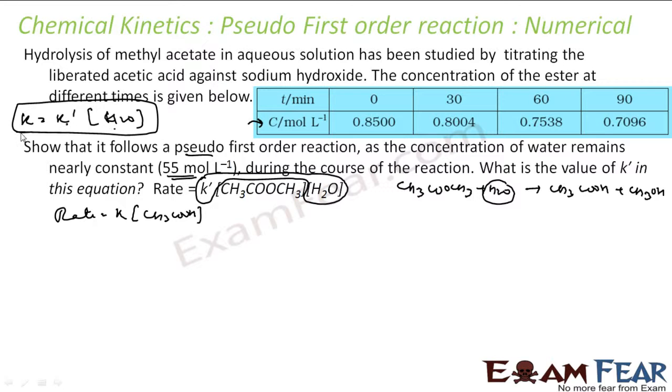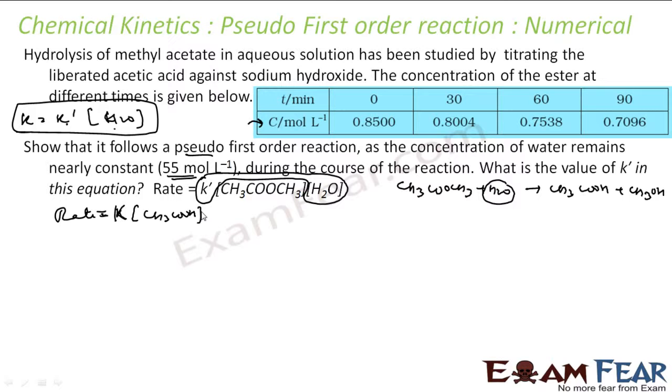Since this is constant, I'm just giving some different value K. I can give K double dash also. This is my rate equation. Now if you see from this equation, I can say it is a first order equation, right? So it's a pseudo reaction, but for first order reactions we apply all the logic of first order reaction. Correct?